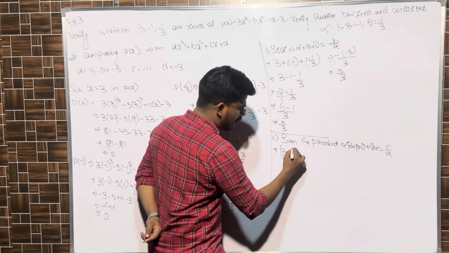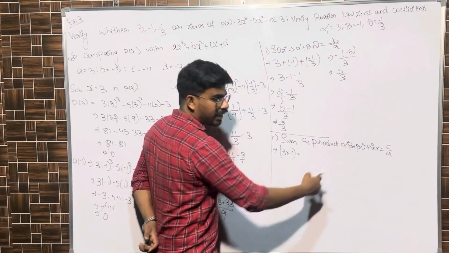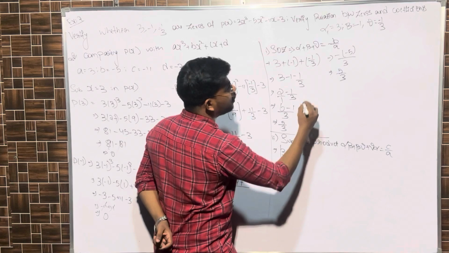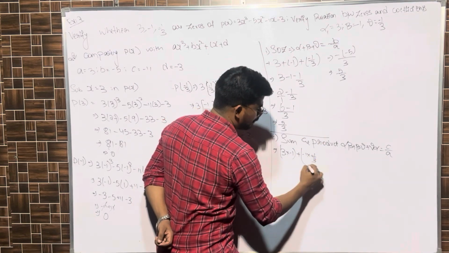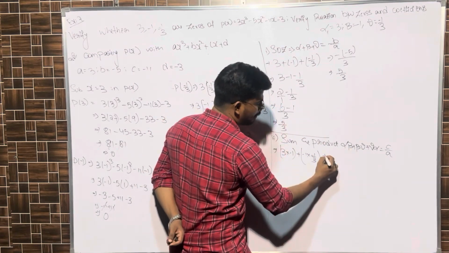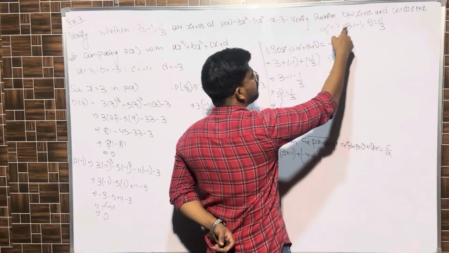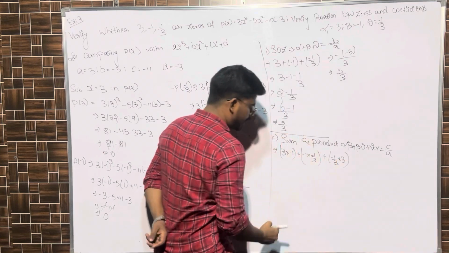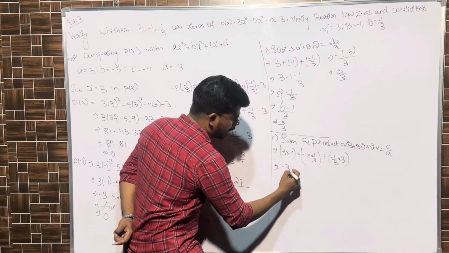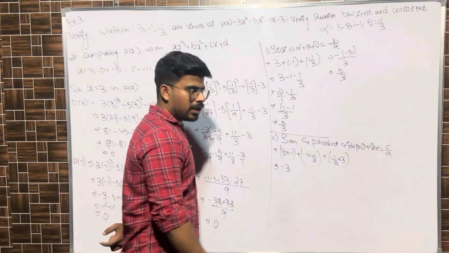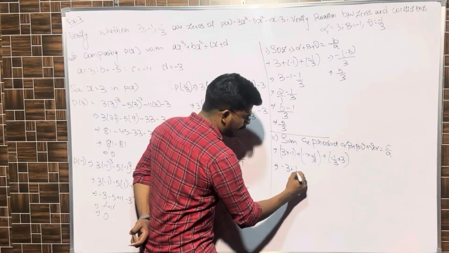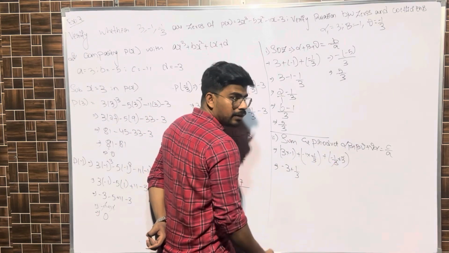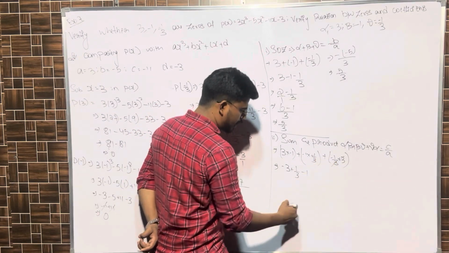Beta into gamma, minus 1 into minus 1 by 3. Gamma into alpha, minus 1 by 3 into 3. Right. 3 into minus 1 is minus 3. Minus into minus plus 1 by 3. Plus 1 by 3. Clear? 3 gets cancelled. Plus into minus, minus 1.